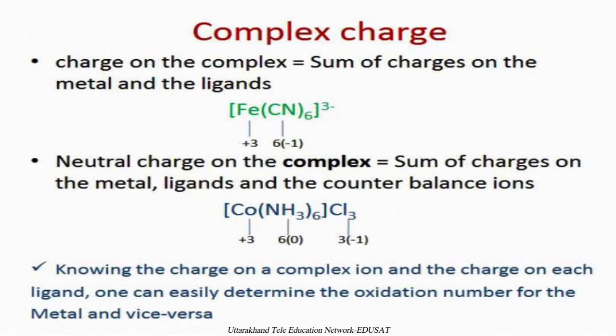For a neutral complex, the charge is the sum of the charges on the metal, the ligands and the counterbalancing ions. The counterbalancing ion is balanced by its primary valencies. Here we are using chloride as the primary valent atom. So knowing the charge on a complex ion and the charge on each ligand, one can easily determine the oxidation number of the metal.